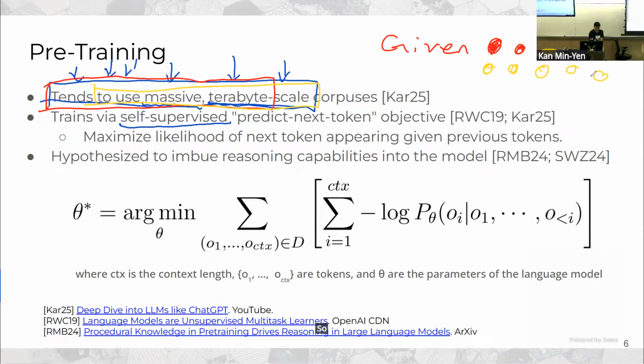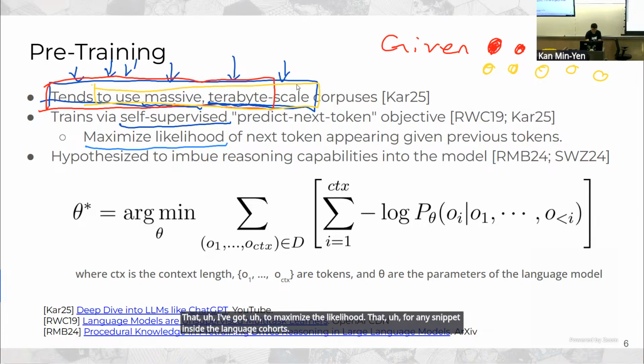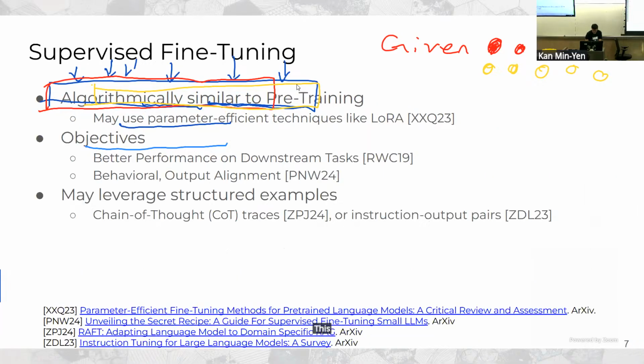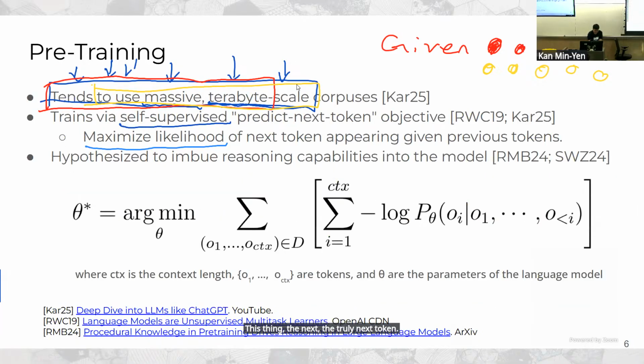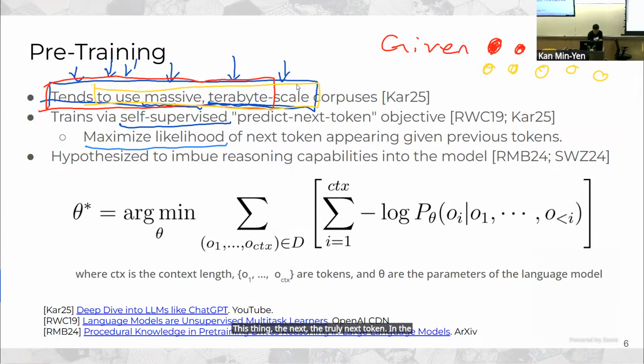So the name of the game really is to maximize the likelihood that for any snippet inside the language corpus, the true next token is actually identifiable, and it is the most likely one. So that is really what we're going for here.